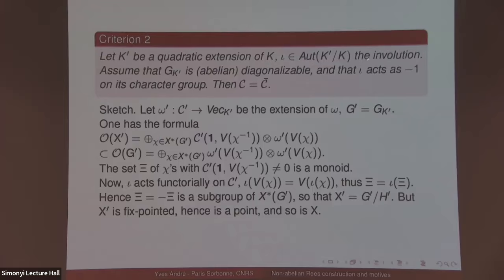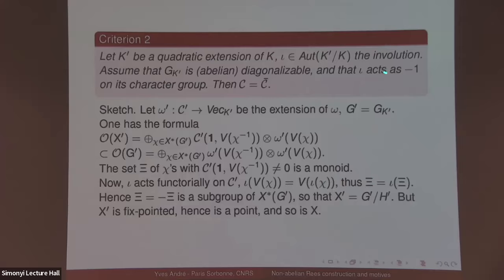This involution acts functorially on C' because everything comes from K, in fact. And so we have this formula that the natural action on C' of this space is the one-dimensional space attached to the action of iota on the character. This proves that this set is invariant by iota.